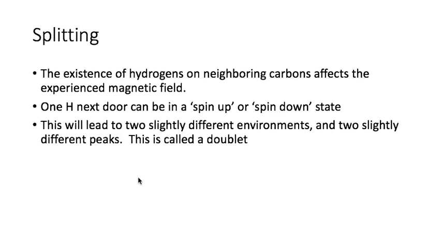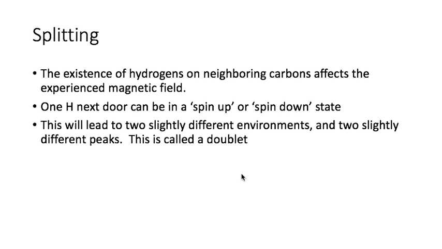Okay, so as I mentioned, there's this splitting thing. The hydrogens next door can affect things because these hydrogens have spins too. And so if you have a hydrogen next door and it's spin up, that's going to change the environment of the one we're caring about in a different way than if it weren't there at all, and in a different way than if it had a spin down.